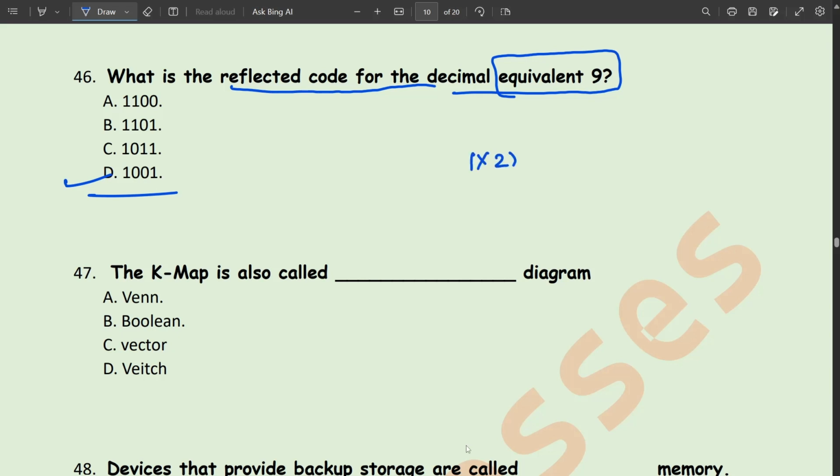1 into 2 to the power 0 plus... we have to find 9. So directly you can do that. This is your 1 0 like this 0, and this is your 8.